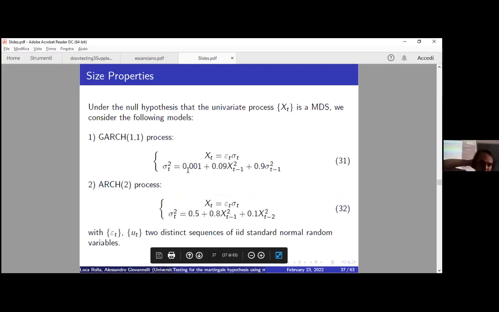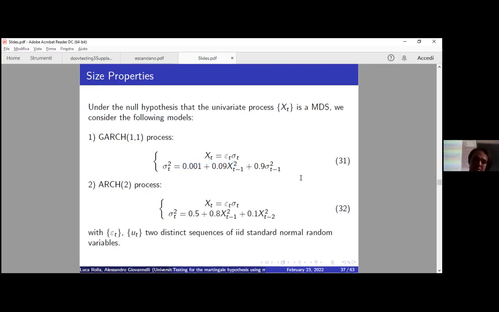Now let's discuss some size properties for the statistic. Under the null hypothesis that the process is a martingale difference sequence, we have this. Let us discuss some processes that are martingale difference sequences: the GARCH process and the ARCH process. We simulate these processes and we get these results.